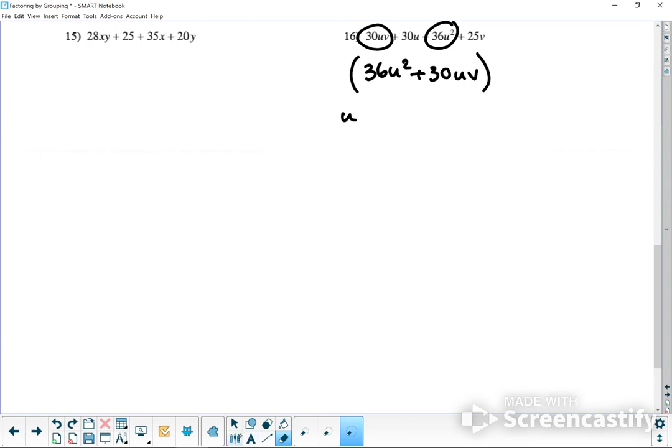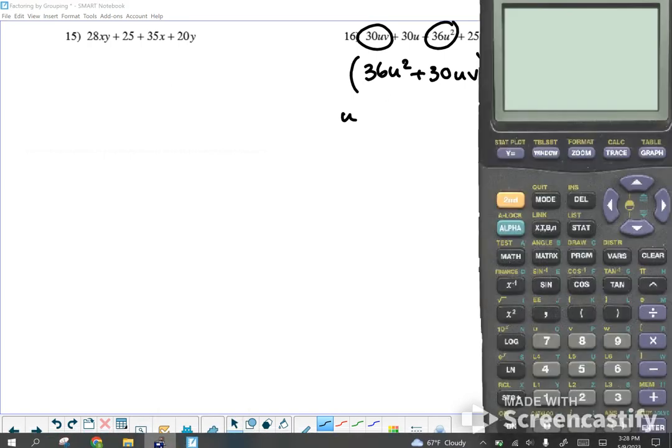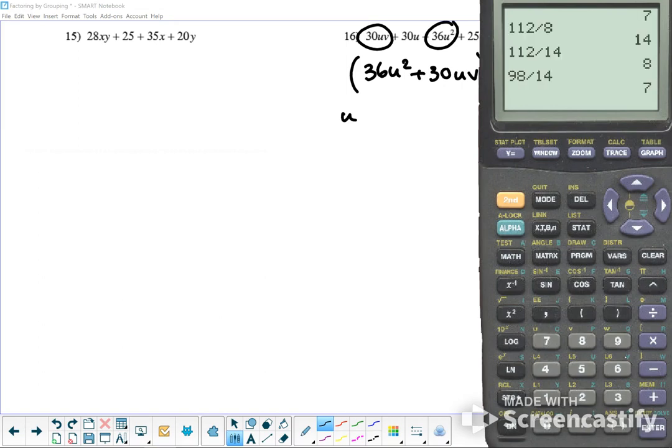Okay, so if you take out a u and you take out, divided by 2, let's look at my calculator, just to keep track of stuff. So 36 divided by 2 gives me 18, and 30 divided by 2 gives me 15. There's still 3 in there, so I can divide by 2, and then I can still divide by 3, so 6.